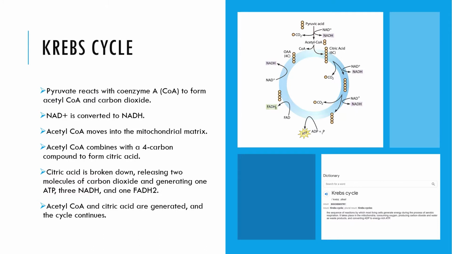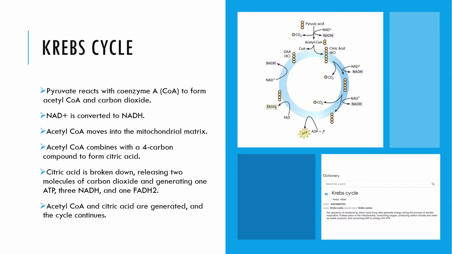Then, as citric acid rotates around, there's a lot of different reactions happening with it. So, when citric acid is broken down, it is going to release 2 molecules of carbon dioxide and generating 1 ATP, 3 NADH, and 1 FADH2.